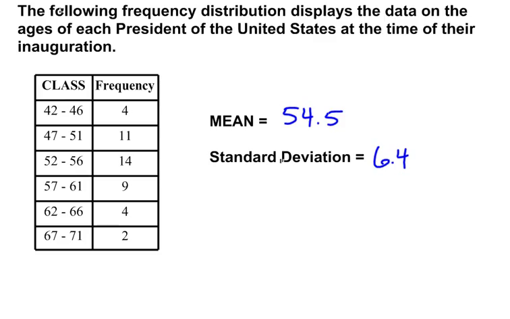In other words, they'll be about 6.4 years off of that mean on a typical observation. As we go from observation to observation, some of them might be closer than 6.4 units from the mean, some of them might be further away, but on average, your typical value is going to be about 6.4 years off of the mean of 54.5 in this case. Okay?